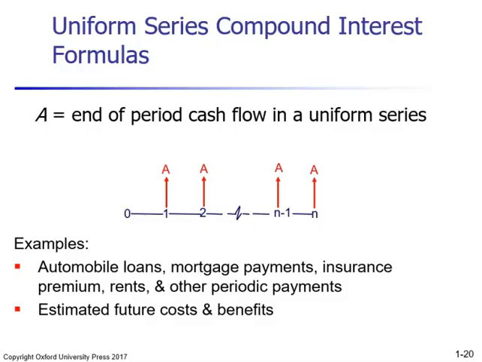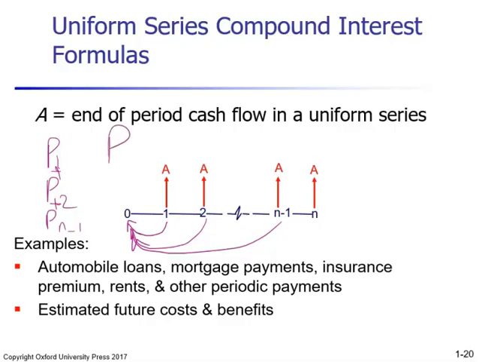I can go ahead and calculate the present value of this payment. Okay, P1. Present value of this payment, P2. Present value of this payment, Pn minus 1. And I sum them all and I get the present value. Bingo, very good.